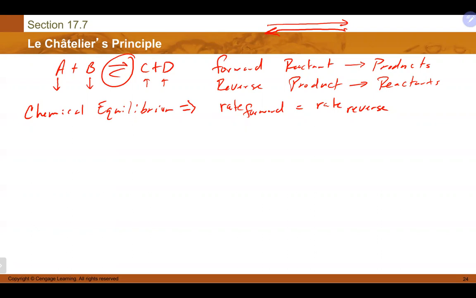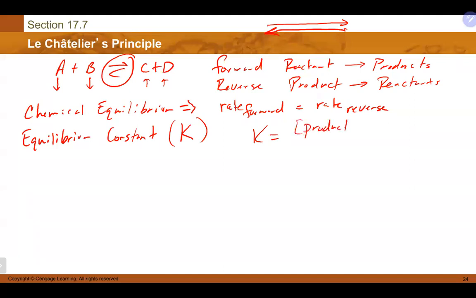Now, there is an expression that was referred to as the equilibrium constant, and the equilibrium constant is capital K. It is calculated by taking the concentration of the products divided by the concentration of the reactants. There are a couple of things that are important when you write the K expression.